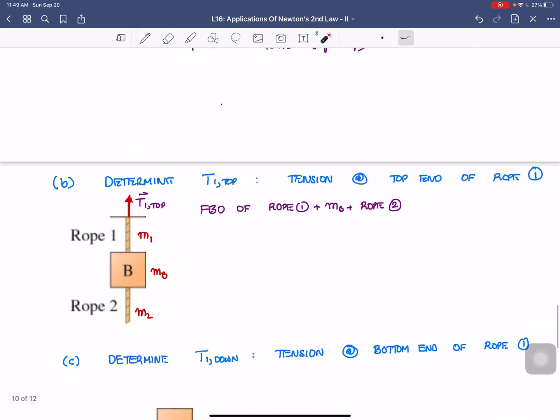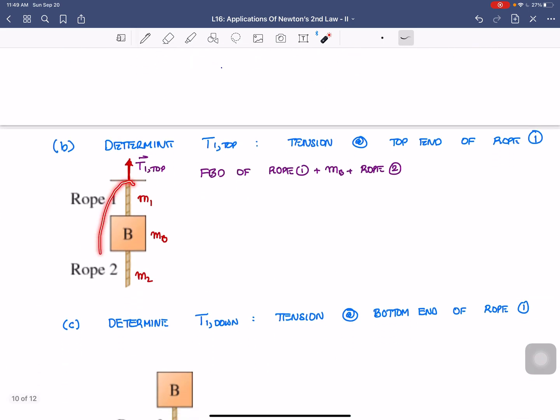Block A is ignored, and we're just looking at everything below block A. Then the free body diagram is going to look like this. We've got the tension at the top end, T1 top.